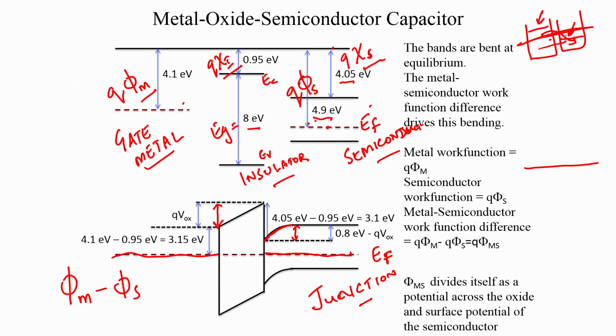So, this difference in the metal and semiconductor work functions is the driving force for the band bending, and this difference is split between the built in potential of the semiconductor and the voltage drop across the oxide.